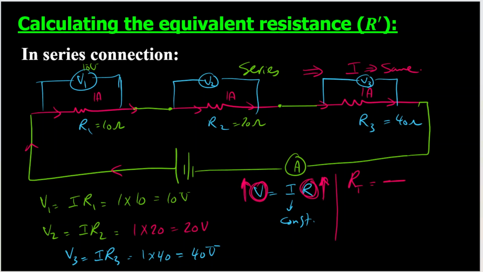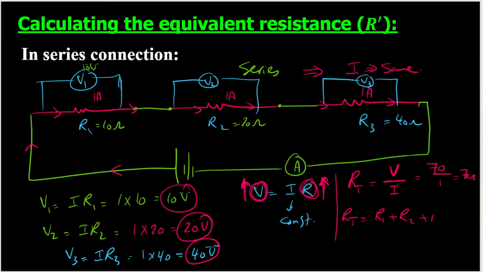First of all, you can divide the total voltage by the total current. The total voltage is 10, 20, 40, so the total is 70. Divided by the total current, which is 1, the total resistance is 70 ohm. Or you can just add them all. R1 is 10, R2 is 20, R3 is 40, so the total resistance is 70 ohm.